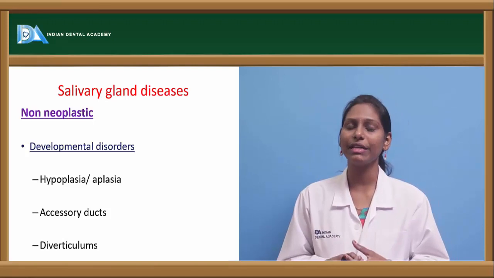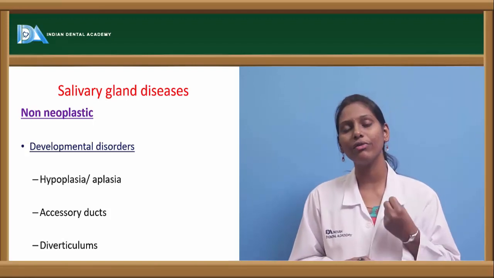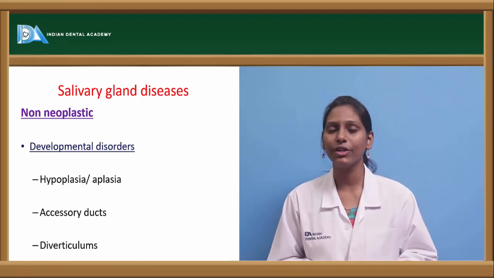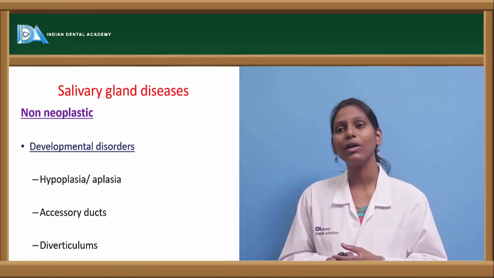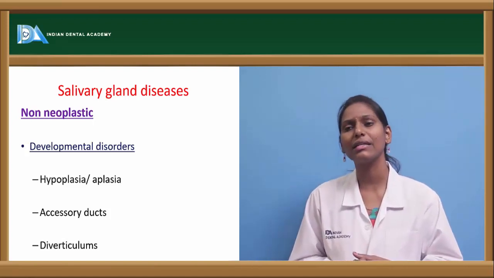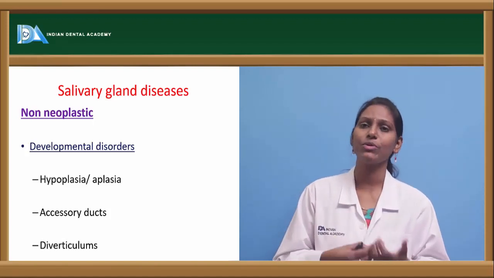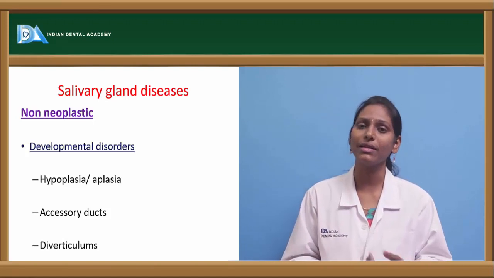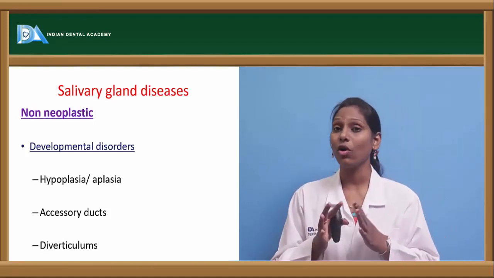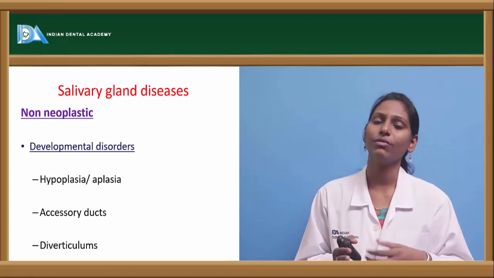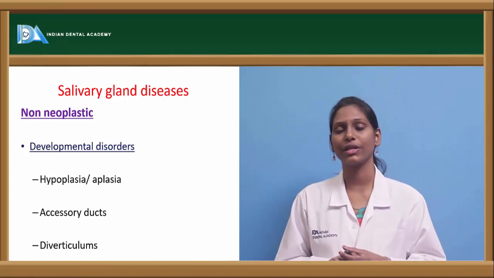As the name itself indicates, this is underdevelopment of the salivary glands or complete absence of salivary glands, which is your aplasia. Hypoplasia of salivary glands can lead to dry mouth or hyposalivation. In aplasia, there will be complete xerostomia if all glands are involved. If one particular gland is involved, then decreased salivation can be seen.